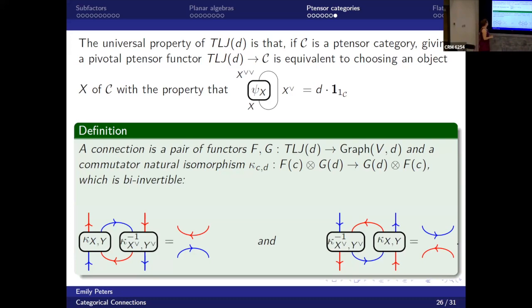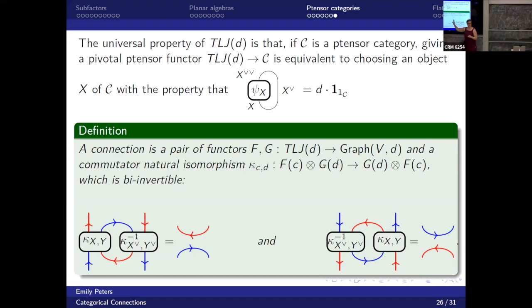And so in this context, the thing that we're calling a connection is a pair of functors from Temperley-Lieb-Jones into the graph category. What you should think of is one of these tells you how to let your generators act on the right, and the other tells you how to let them act on the left. And now we need a commutator between those two actions.